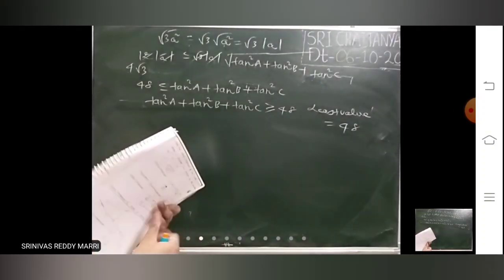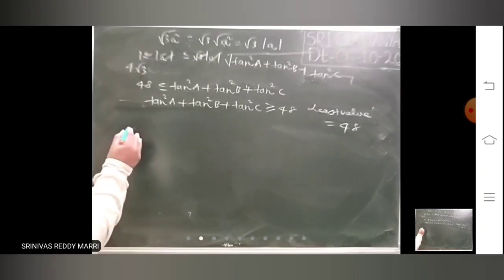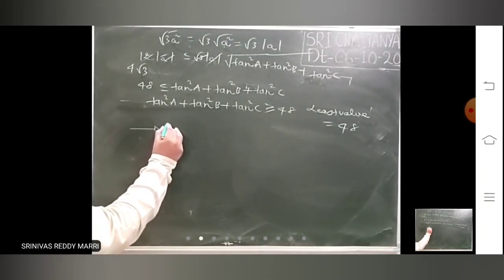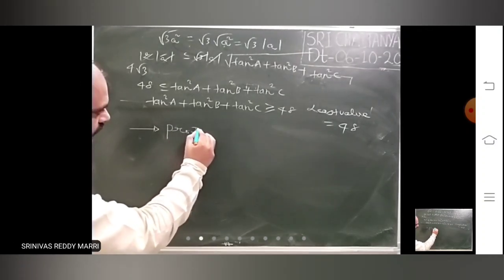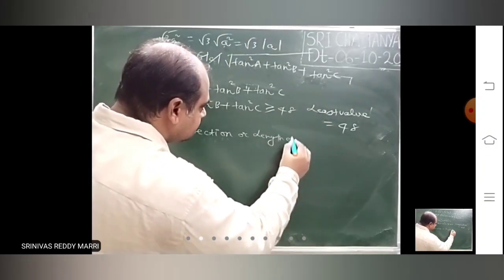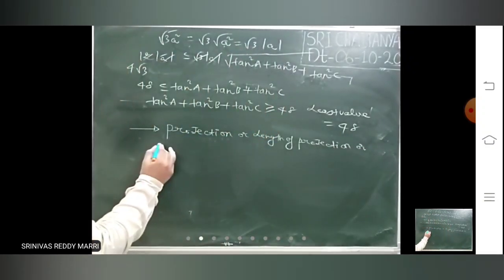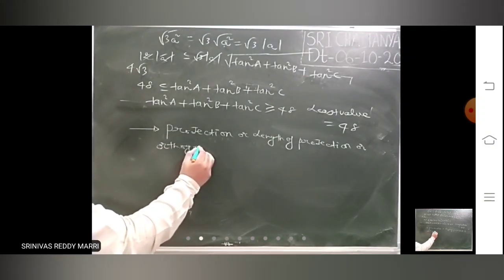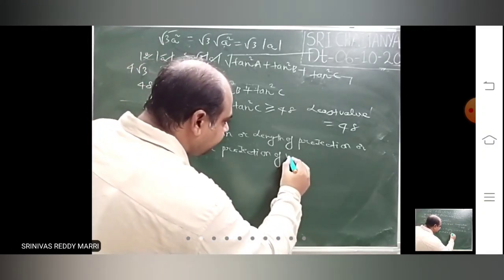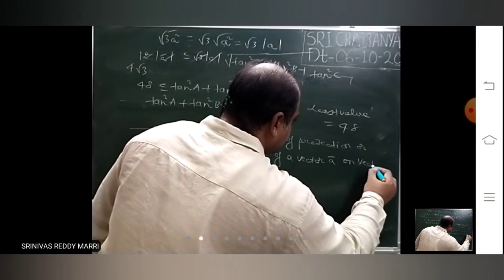Look at the next topic. Projection, or length of projection, or orthogonal projection of a vector a bar on vector b bar.